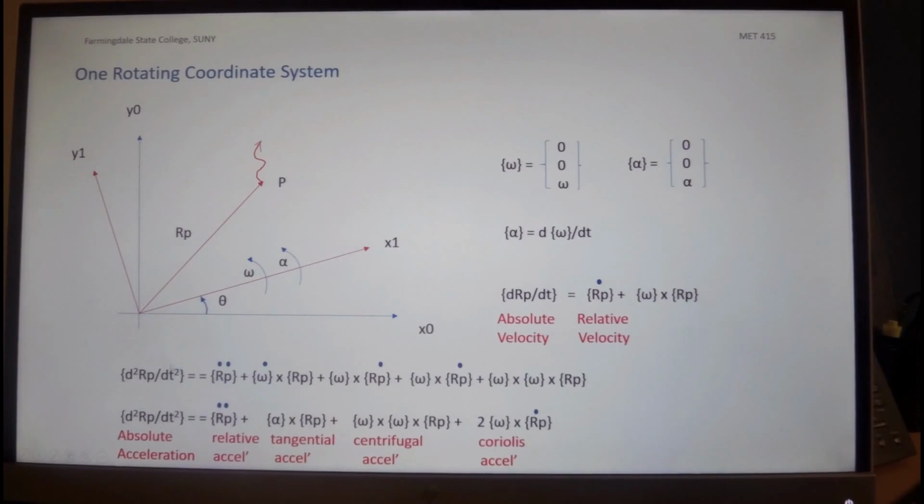If we now want to look at the absolute acceleration of point P, we have to take a derivative once more of this expression.